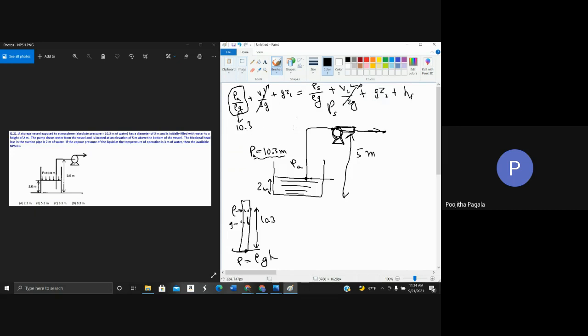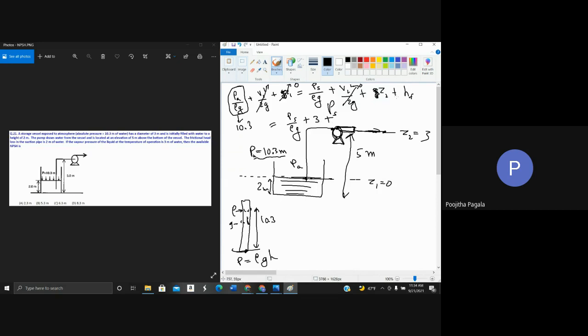If you choose Z1 equal to 0, then Z2 is equal to 5 minus 2, which is 3. So 10.3 plus 0 should be equal to PS by rho g plus Z2. Just Z1 and Z2, not g Z2. Z2 is going to be 3.